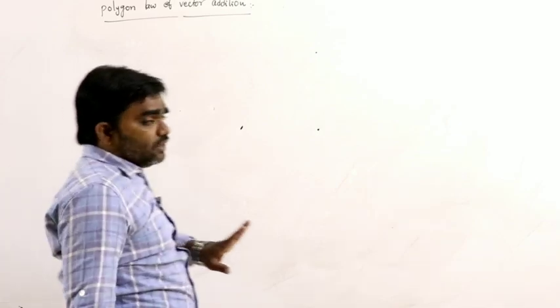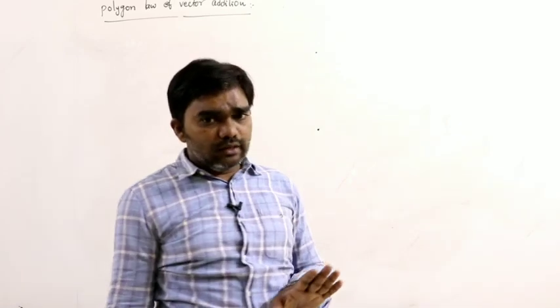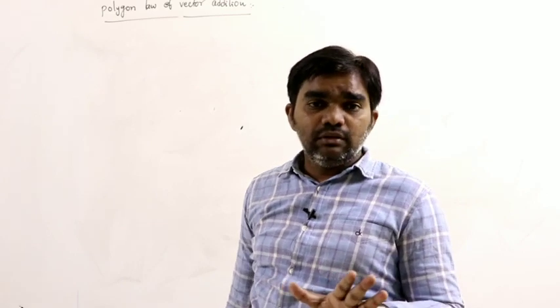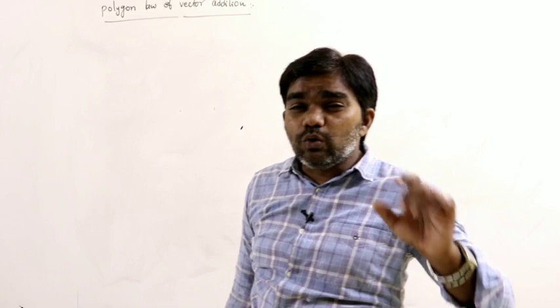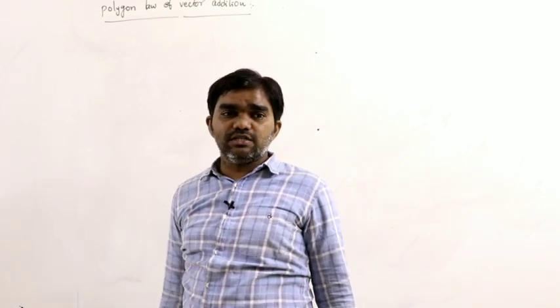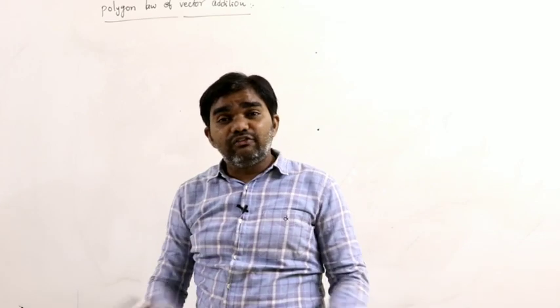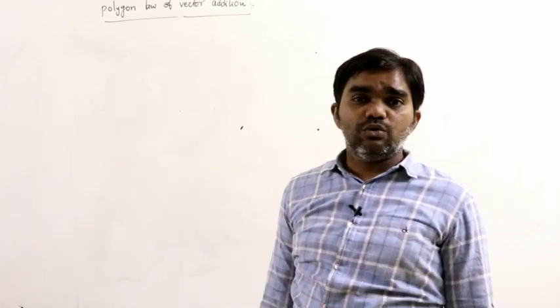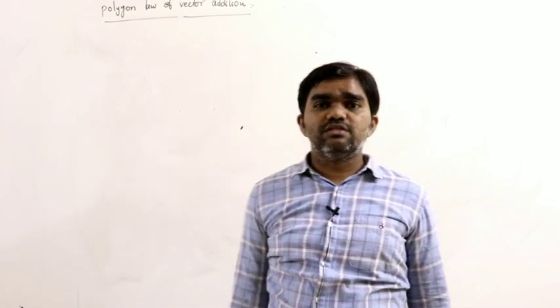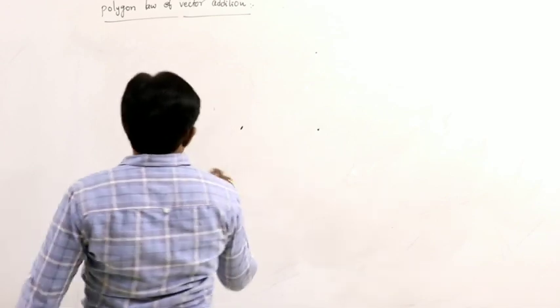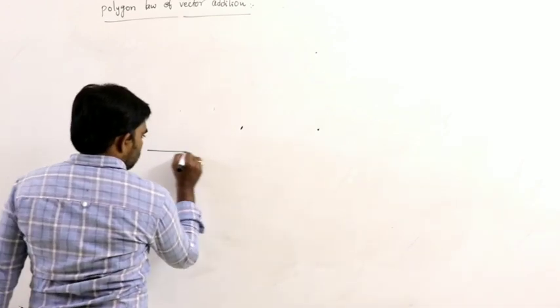If a number of vectors are acting as the sides of a polygon taken in order, the closing side of the polygon represents the resultant of all the vectors taken in reverse order. So see here whether that is correct or wrong.